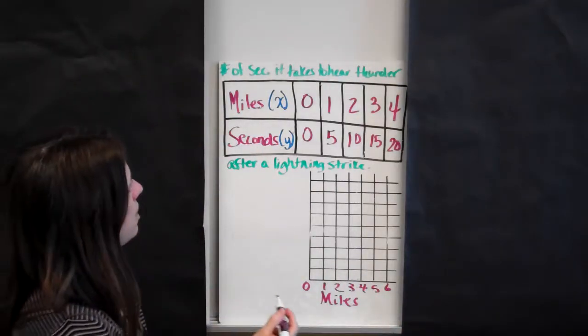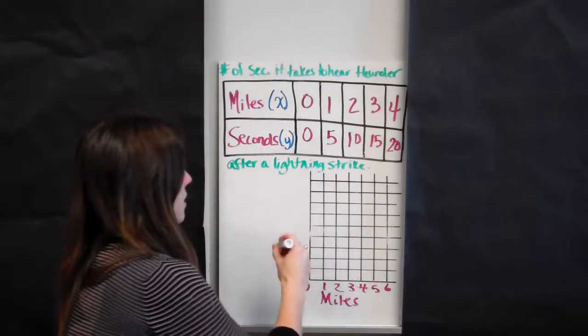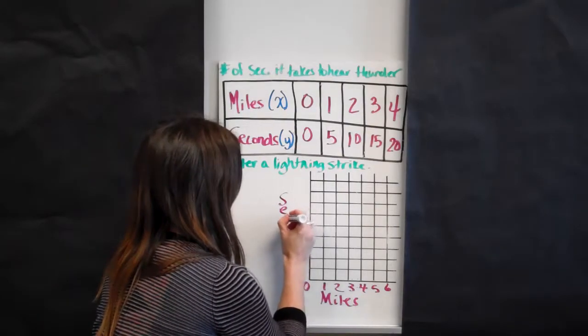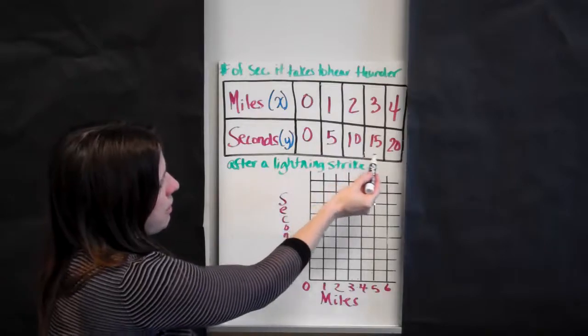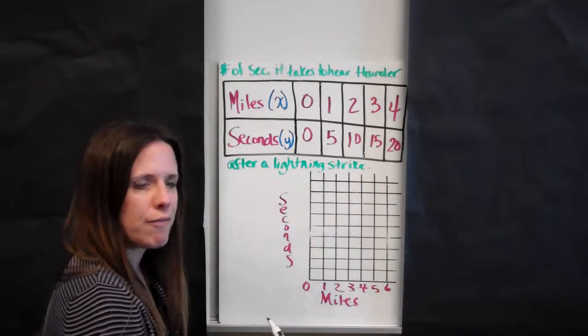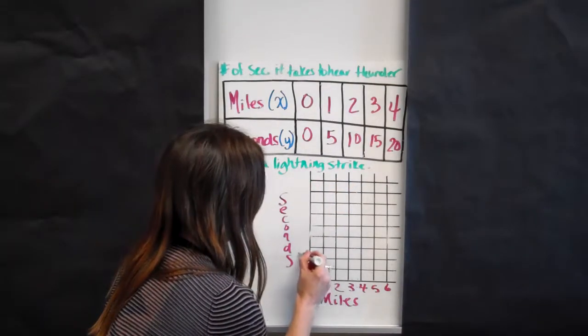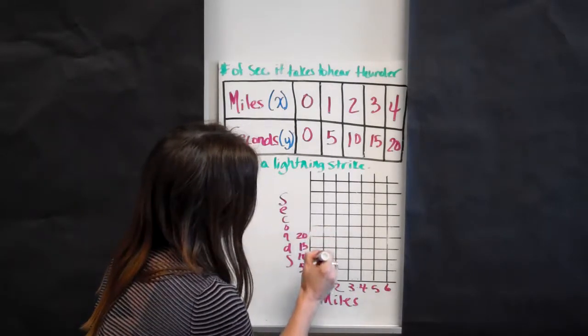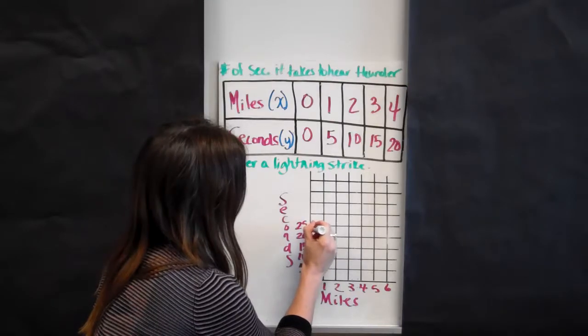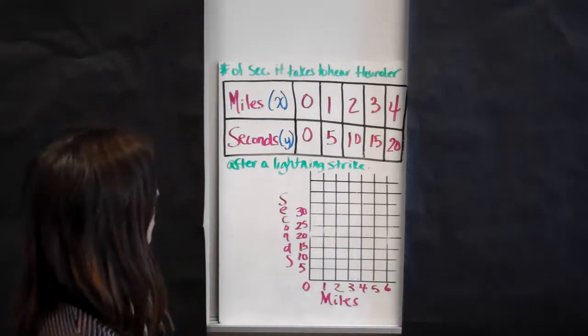That's what I have here. And then our y-axis will be seconds. These are counting by 5, so we're going to do that on our graph as well. I'm not going to skip any lines: 10, 15, 20, 25, 30. That should be good.